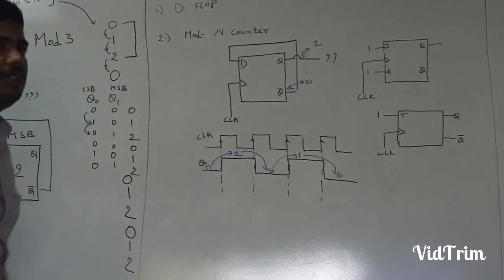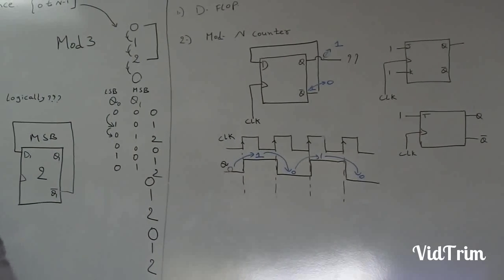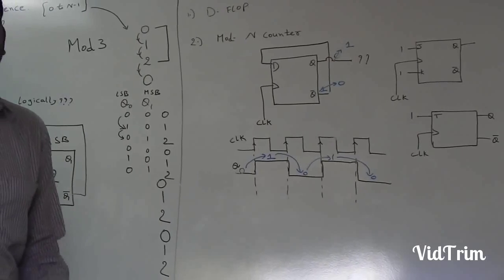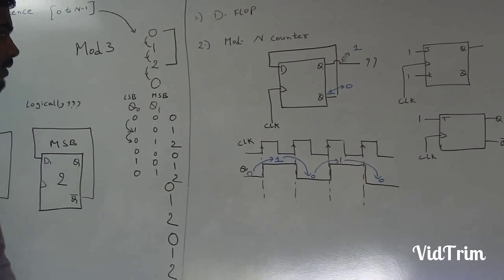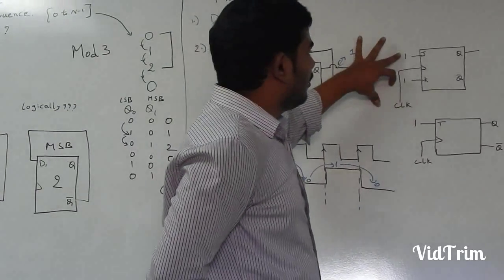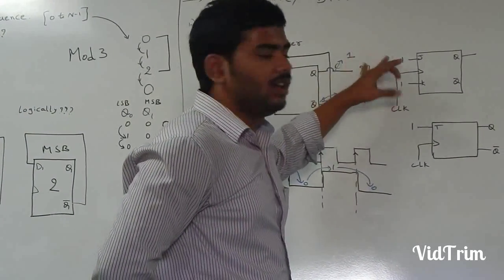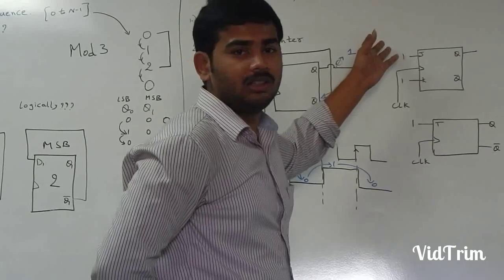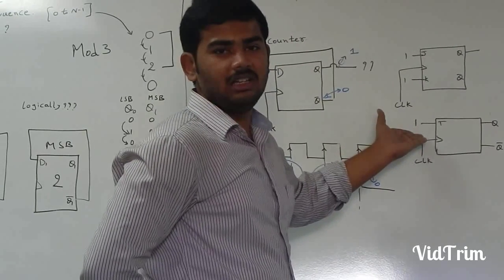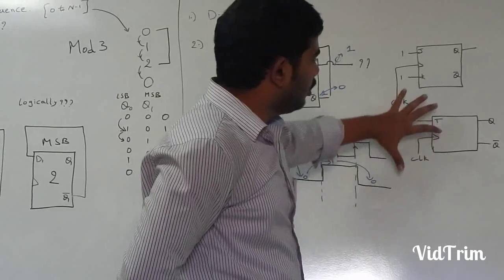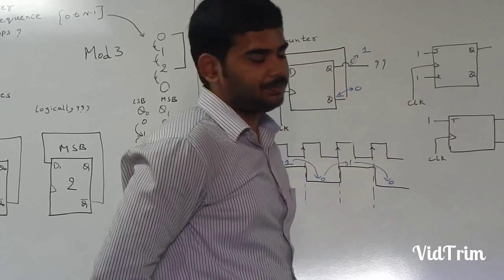If someone asks, I don't want a mod counter with D flop, can you do it with JK flop or can you do it with T flop? Simple. When J and K are both 1 in JK flop, it is said to be in toggle mode. Similarly, when T is equal to 1, it is said to be in toggle mode. So you can also use this for LSB bit.